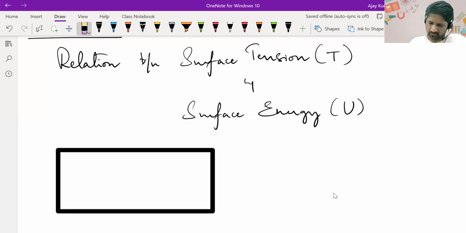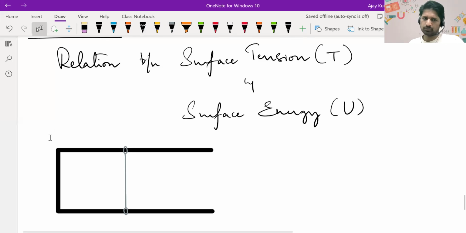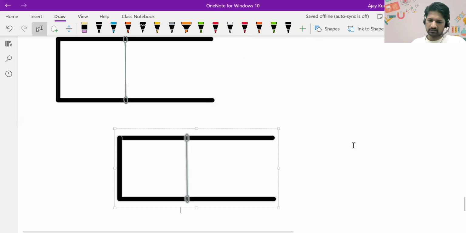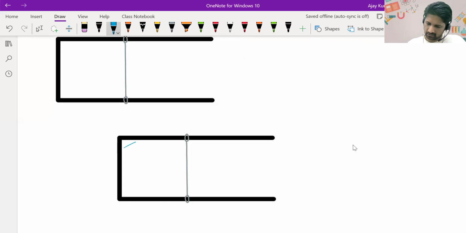You can't change its shape. Okay. And assume there is a wire which you can freely slide on the parallel rails of this metal frame. Fine. Now dip this apparatus into soap solution and take it out. If you dip this apparatus into soap solution and take it out, what you will see is a film of soap solution forming here.